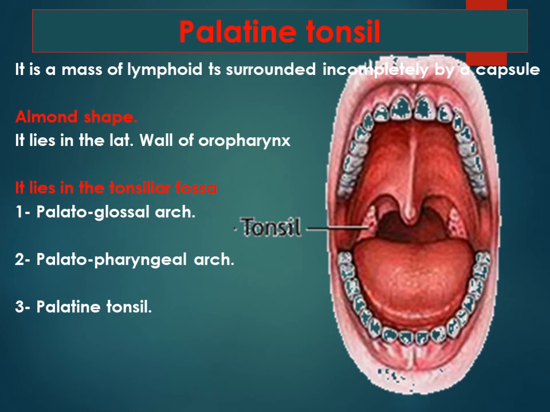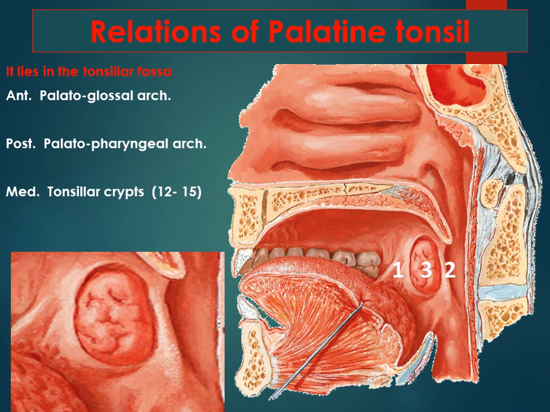It lies on the lateral wall of the oropharynx in the tonsillar fossa, with the palatoglossal arch and the palatopharyngeal arch. Anterior to it is the palatoglossal, posterior to it the palatopharyngeal, and those are the tonsillar crypts.